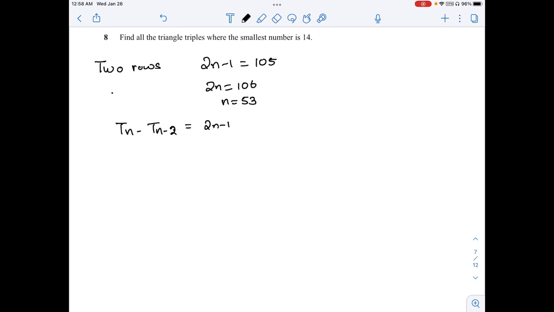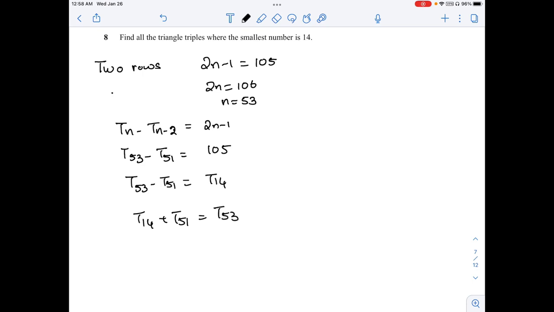So this value was n is 53, right? 53 minus 2 is 51. T51, 2n minus 1 is just now we assumed it as 105. 105 is nothing but what he has given. The 105 is T14. So I get T14 plus T51 is equal to T53.